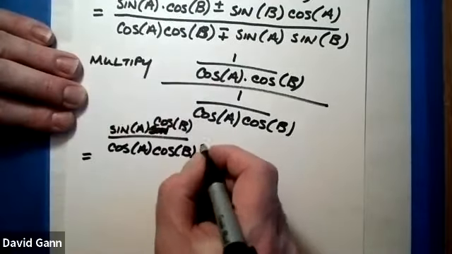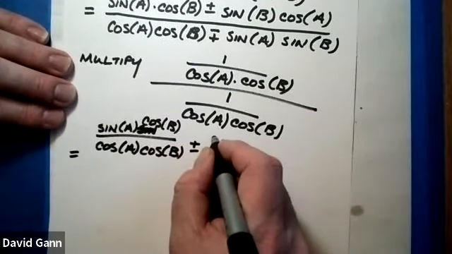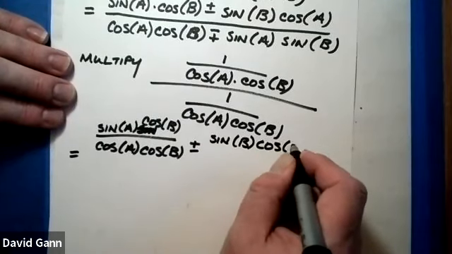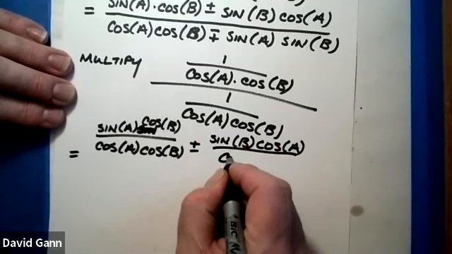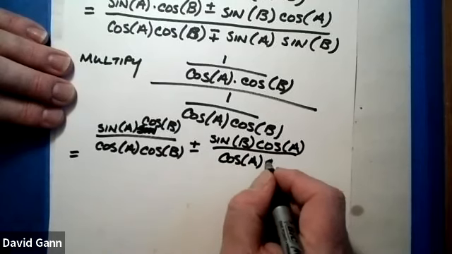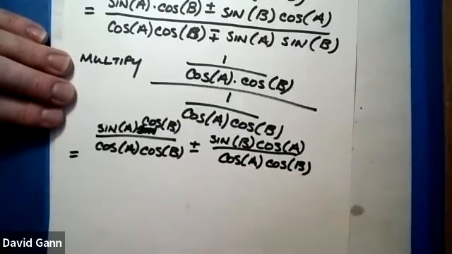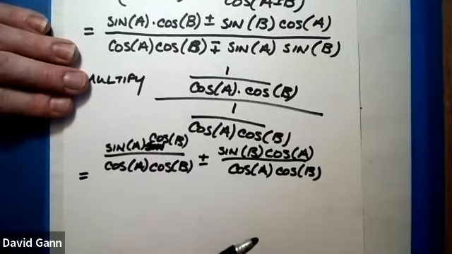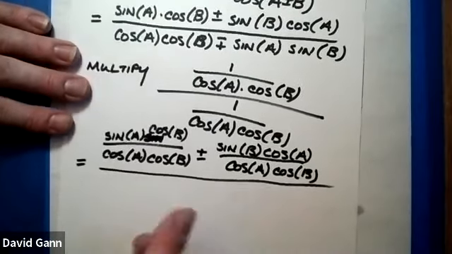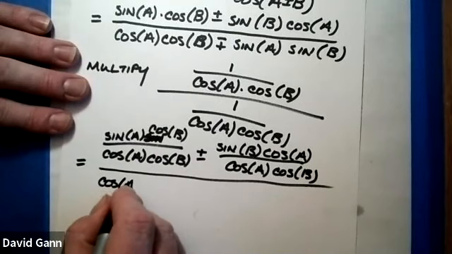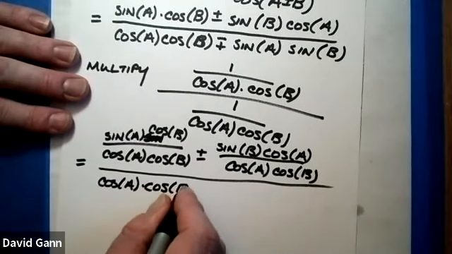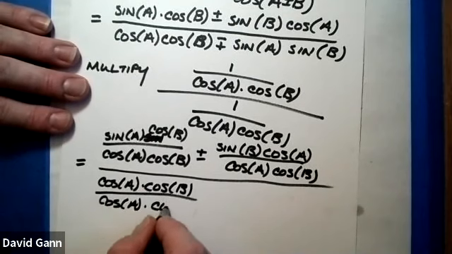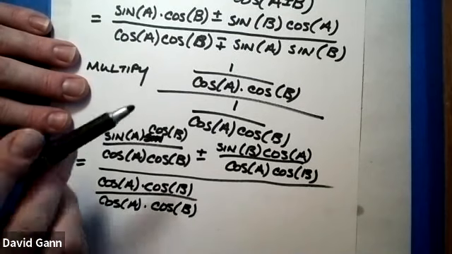Then plus or minus sine of B times cosine of A over cosine of A cosine of B. That's this term. This is all over cosine of A times cosine of B over cosine of A times cosine of B. That's this term here.